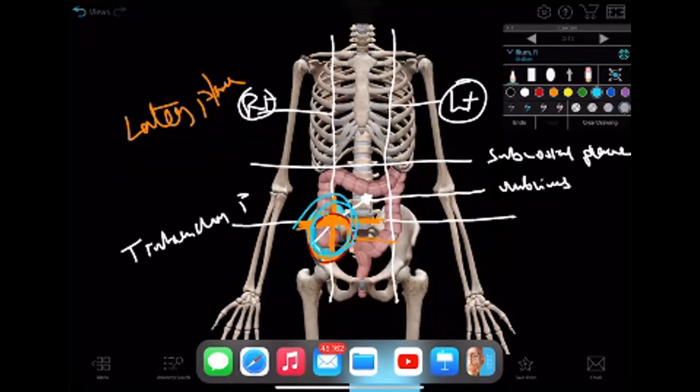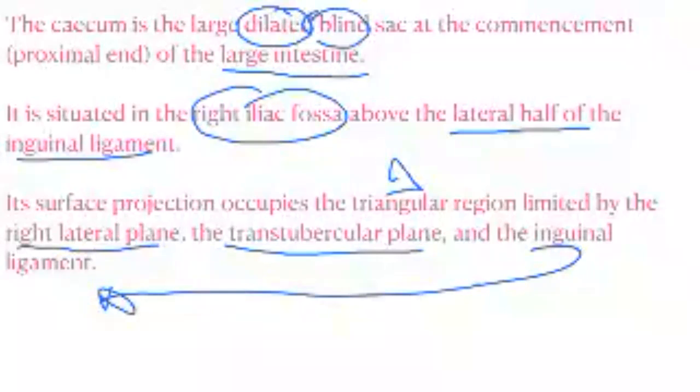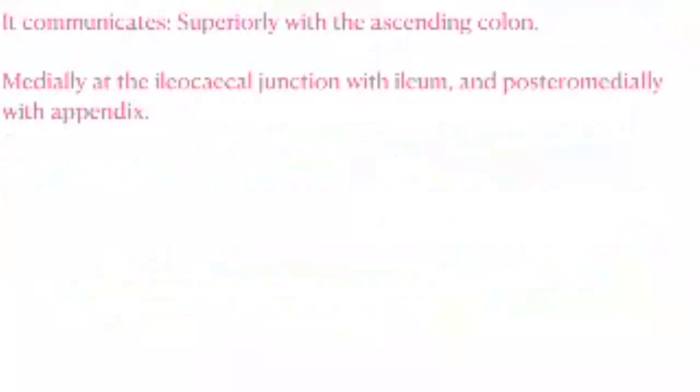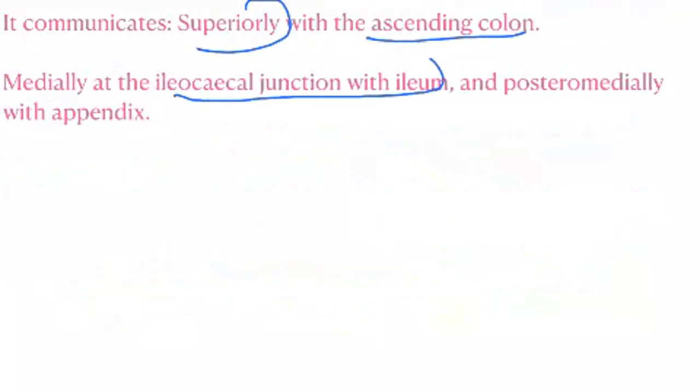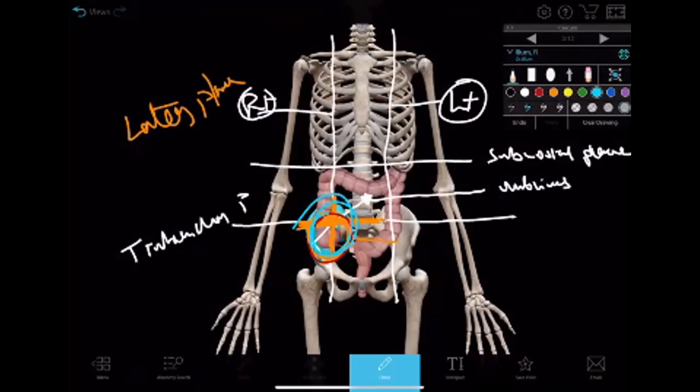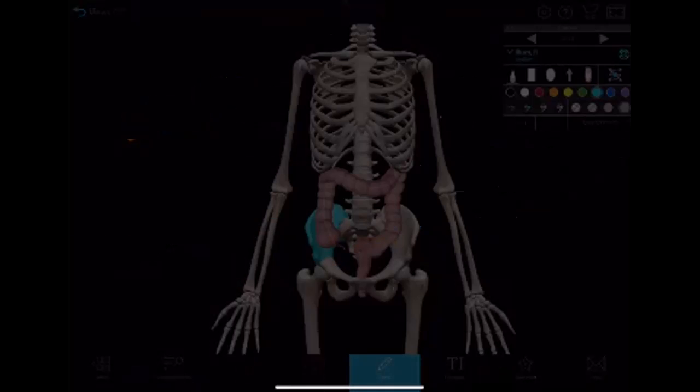So that is the triangular region. In the triangular region, cecum is present. It communicates superiorly with the ascending colon, medially at the ileocecal junction with the ileum, and posteromedially with the appendix.